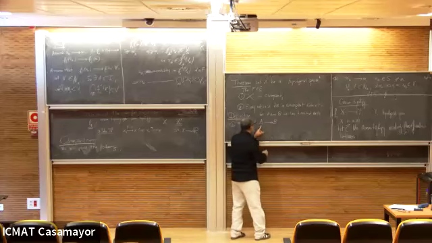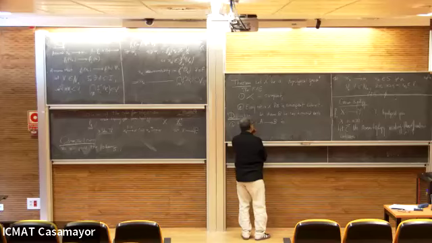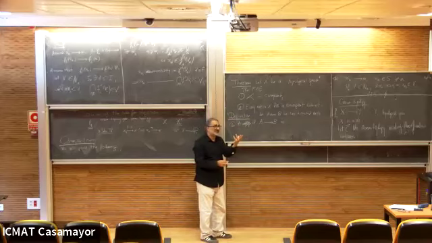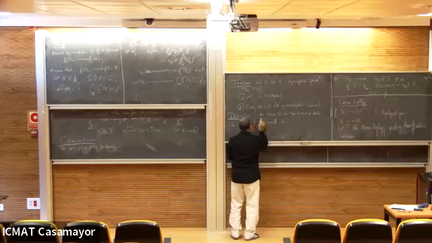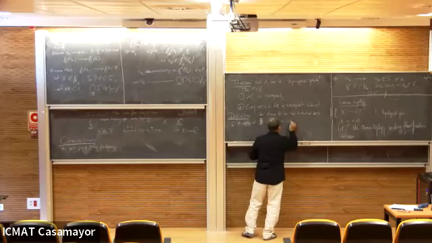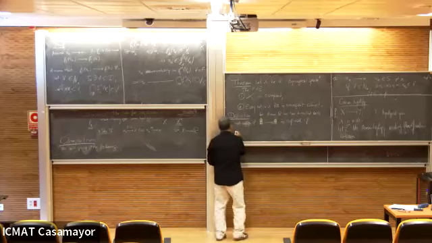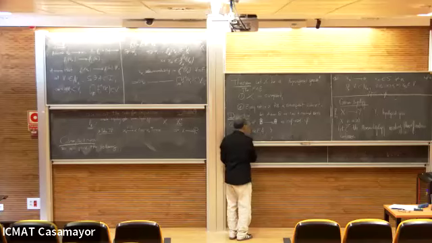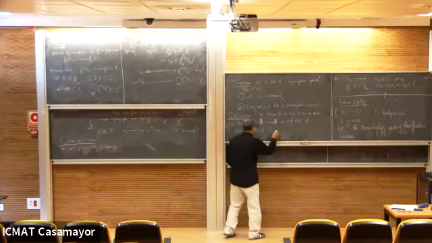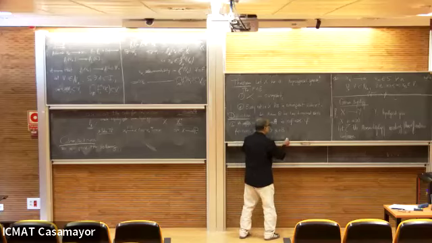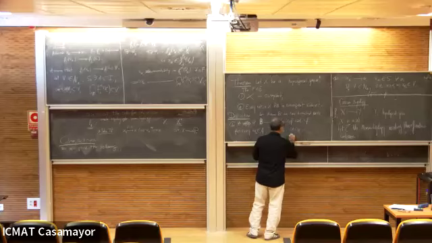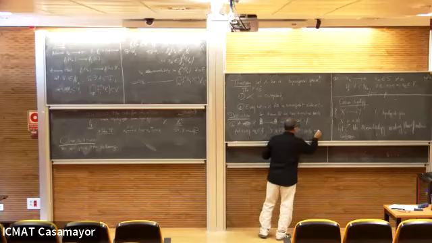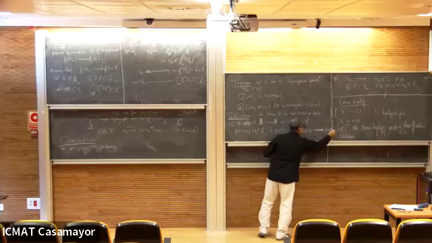Usually we consider a net indexed by A and we take a subnet indexed by B. For this reason, I will take a map phi from B to A. It is cofinal if for every alpha_0 in A, there exists some beta_0 in B such that phi of beta is more or equal than alpha_0 whenever beta is more or equal than beta_0.